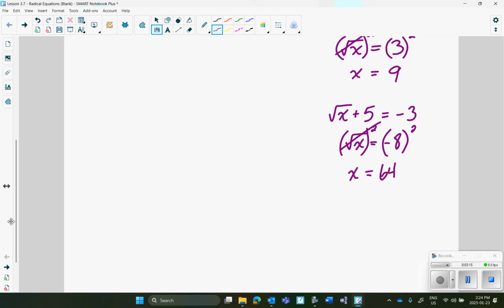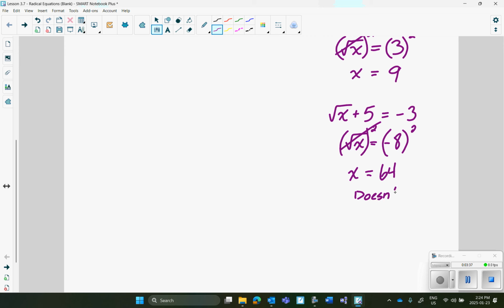And does that make sense? Does the square root of 64 plus 5 equal negative 3? You sure? Oh, 8. Square root of 64 is 8. 8 plus 5 is not negative 3. So this doesn't work.